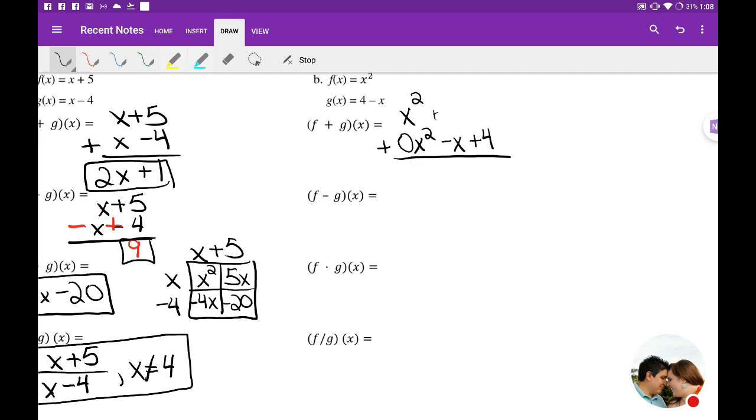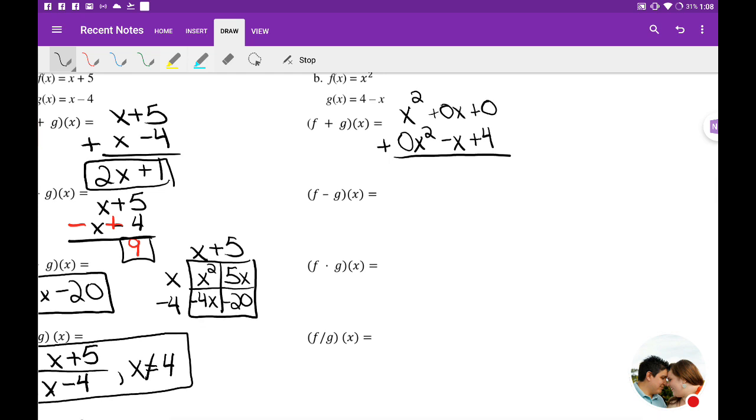There are no regular x's in the f term, and there's no constant. Just so that you're aware, we're lining up our like terms. We have x squared minus x plus 4. That's what it is when we add those two together.